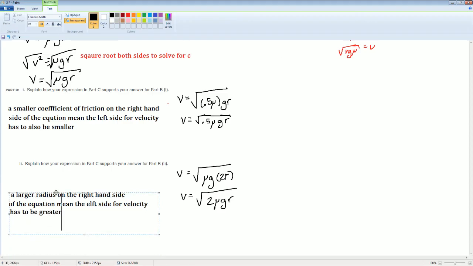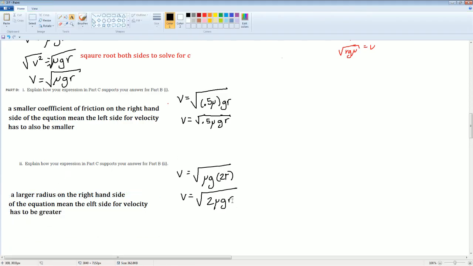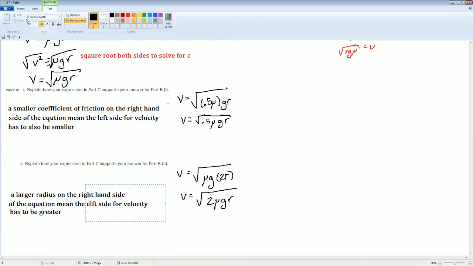So the right hand side goes up, so the left side has to go up. I misspelled that, but this should be left.